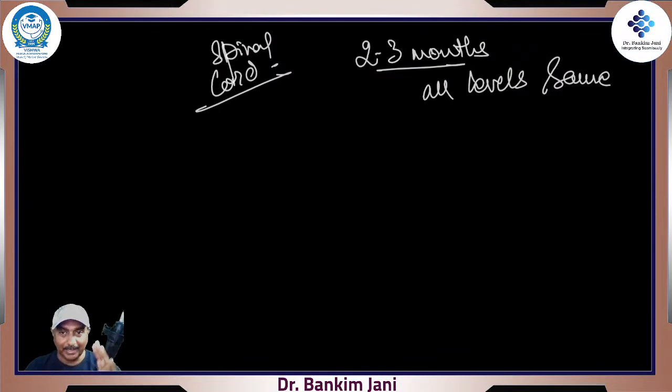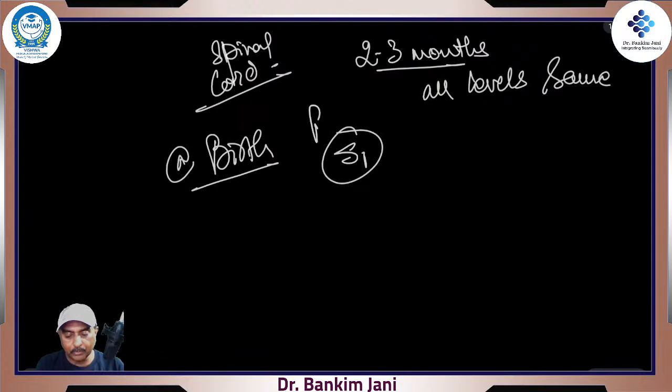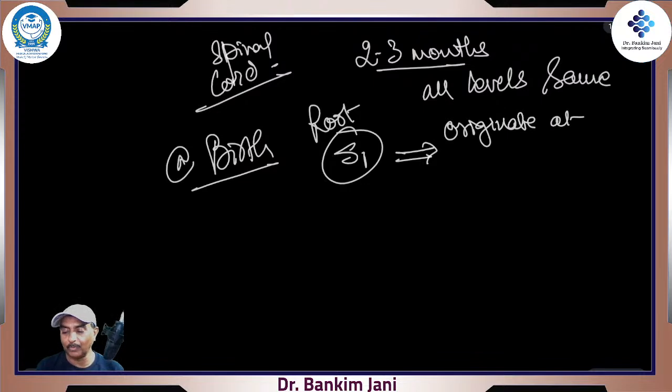But then at birth, it changes. Now S1, the root of S1, will actually originate at L1, right? So S1, sacrum 1, that will come up, so it will originate at L1.